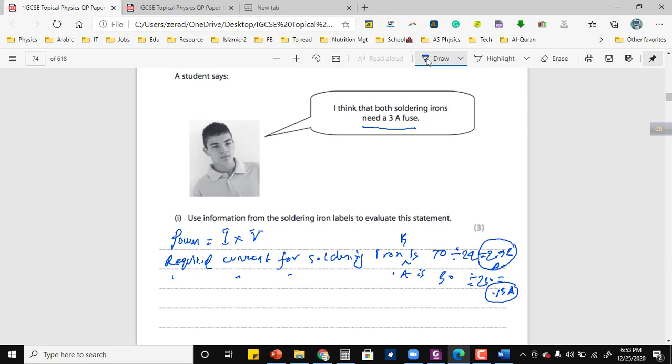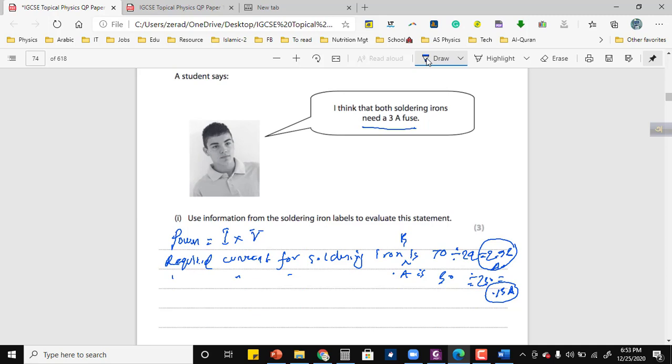For this case as well, 3 ampere fuse is quite larger or bigger than the required current. So we can also say that for the soldering iron A, 3 ampere fuse would not be a very good choice, or it's a poor choice for soldering iron A.